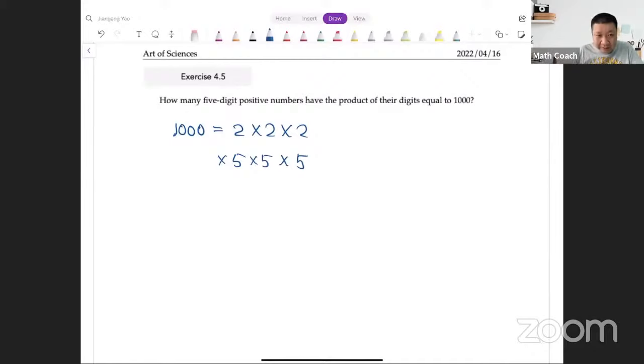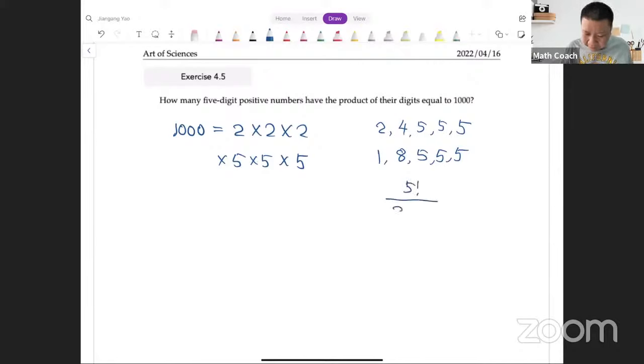So here there are 6 numbers, right? So what we need to do is we can do 2, 4, 5, 5, 5, or we can do 1, 8, 5, 5, 5, because nothing can be matched up with 5. And then for each one, this is a permutation with repetition. So there's 5 repeated 3 times. So 5 factorial divided by 3 factorial, you get 20. So 20 times 2, you get 40.